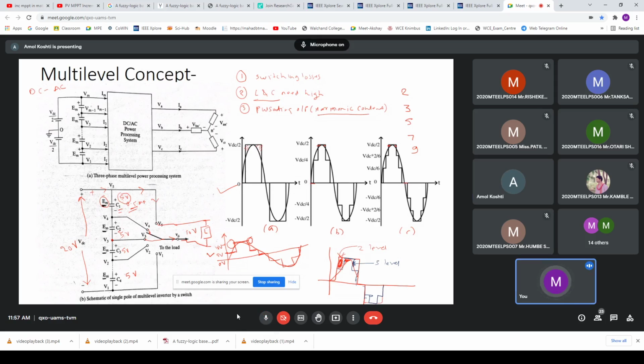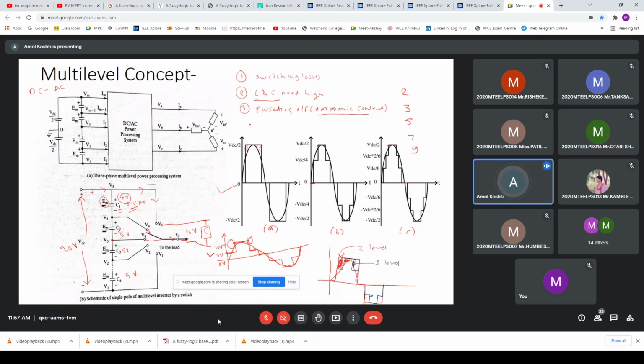So yes, sir, can we adjust the value of the filter if we go from 2 level to 3 level? Yes, we can adjust the value of the filter. Again, you just see how we can adjust it. The value of the filter depends on the harmonic content in the output.